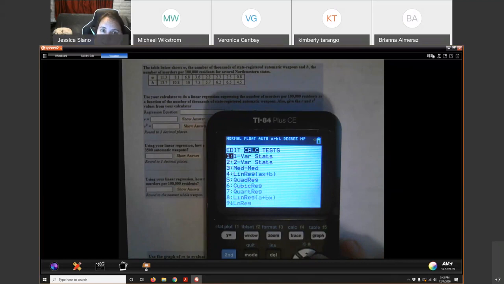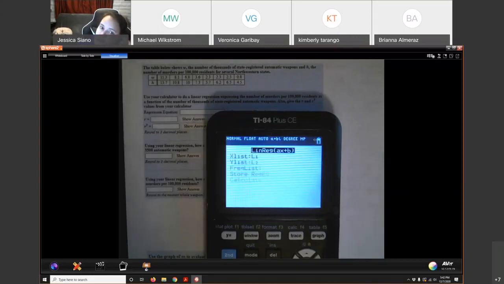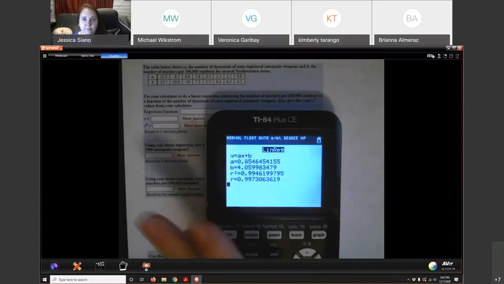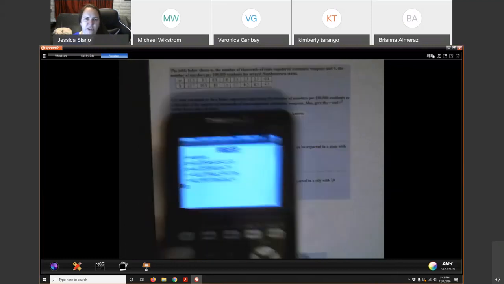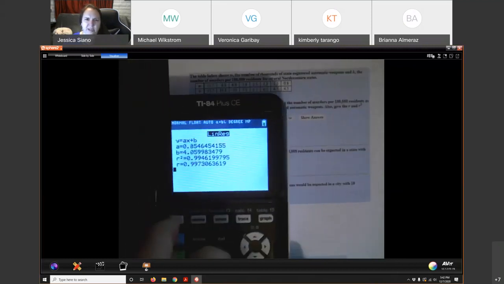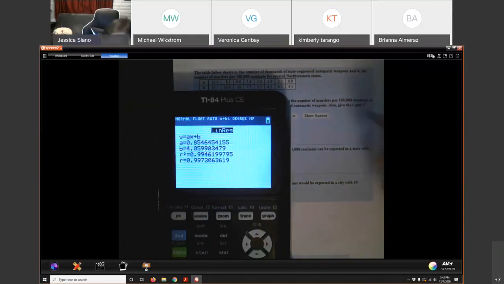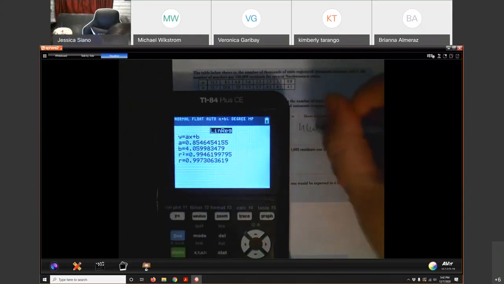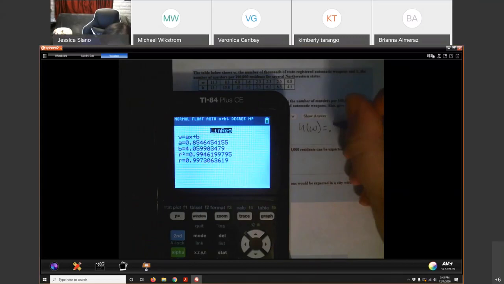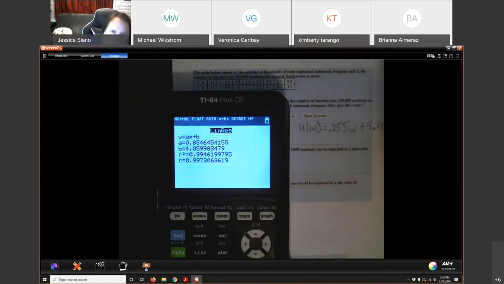Over to calc. They have told us that they want a linear regression. So we'll go back to linear regression, just like we just used. 3 decimal points means that my regression equation will be h of w equals 0.855 w plus 4.0.